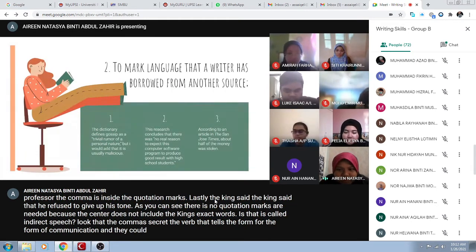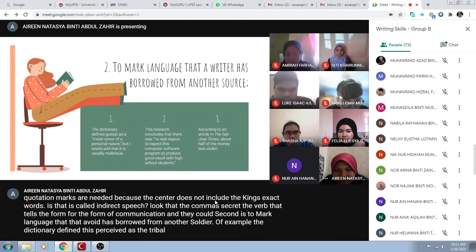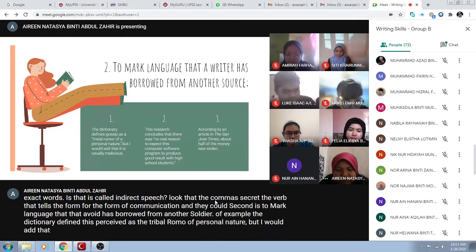Second is to mark language that a writer has borrowed from another source. For example, the dictionary defines gossip as "a trivial rumor of a personal nature," but I would add that it is usually malicious.